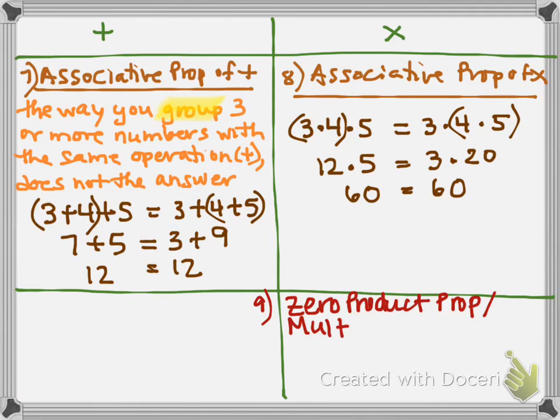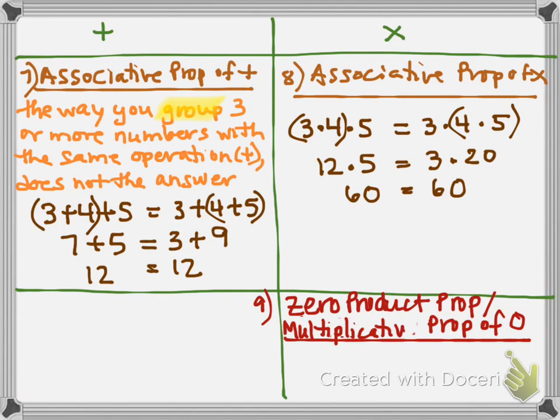Multiplicative property of 0. Oh, I didn't even spell that right. Jeez. Multiplicative property of 0. Okay.